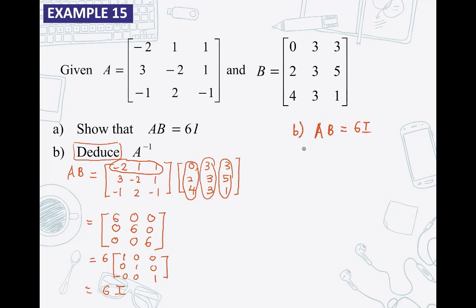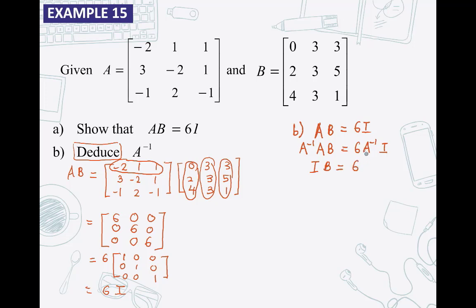Okay, so as we have learned in our notes, when we want to find A inverse, we will be introducing A inverse on both sides. Okay, now be very careful. If you introduce A inverse on the left hand side of your A, you also have to introduce A inverse on the left hand side of your identity. Okay, you can't go to the right hand side. Now A inverse times A, if you remember the property, it will give you an identity matrix.